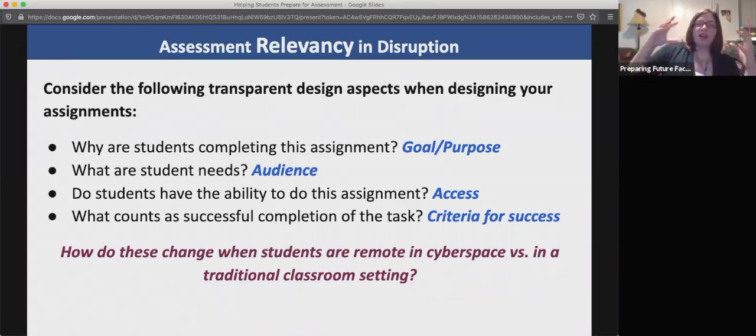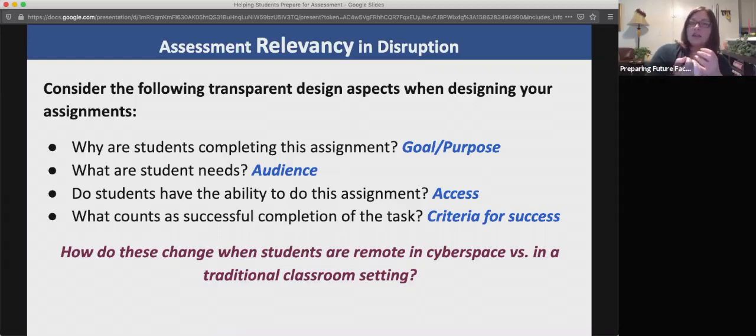So the point I'm getting at here with access is, when we're generally talking about traditional in-classroom models, you would consider these as well. But I'm also starting to point out that in times of disruption like this, there is a shift in the way that we have to do things. All of a sudden, that paper may not work.